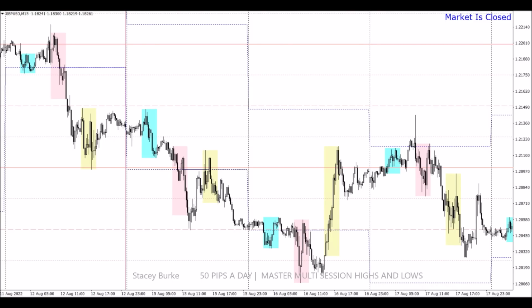Now again, if you're focusing on one session, I like to short things. So if I'm coming in the US session, I'm going to be looking for peak formation highs, retesting the high, or peak formation highs in a broken down market for continuation trades for the low-hanging fruit trade.